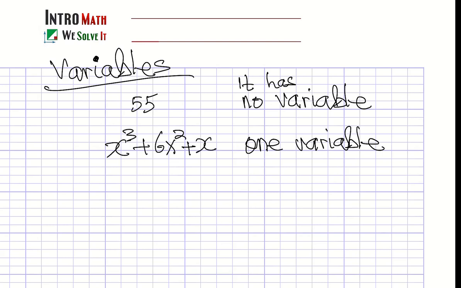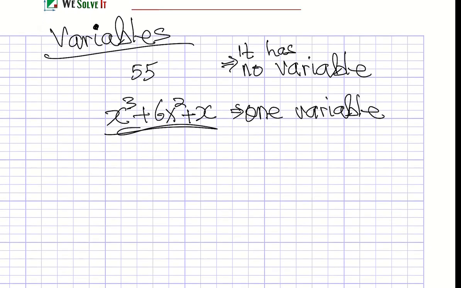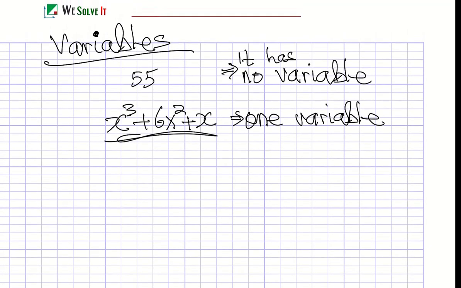Okay, it's just one variable. Make sure you understand what is going on there. 55 is a polynomial. This is a polynomial in one variable. The only variable there is x. Don't confuse the powers, the exponents, with the variable.